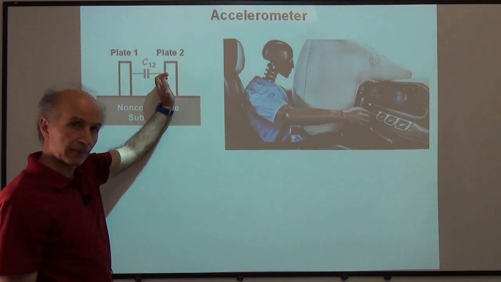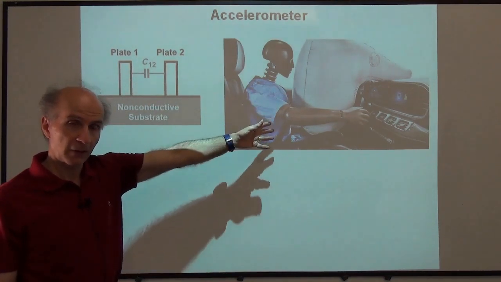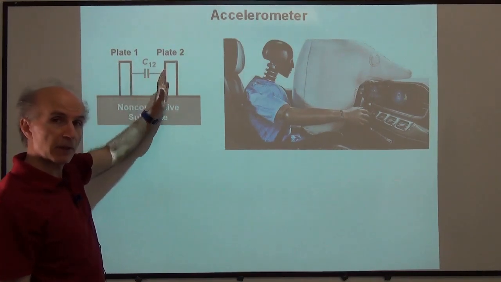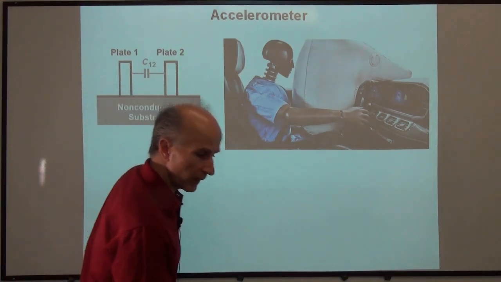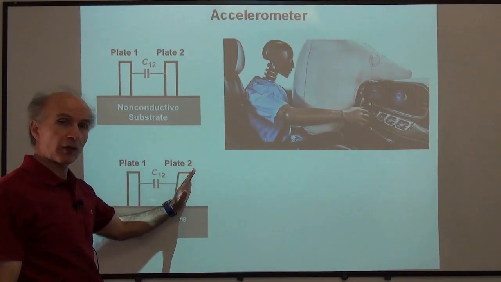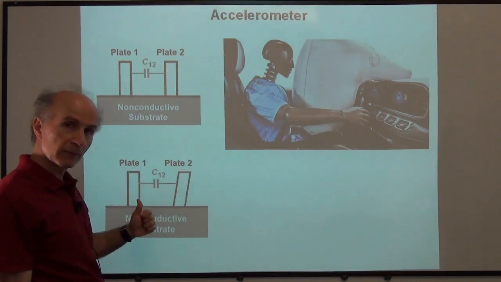Now, if this system is accelerating inside the car, what happens? Well, this plate doesn't tilt, but this one does. So with acceleration, we see that this plate tilts this way, for example, if the car is accelerating this way.